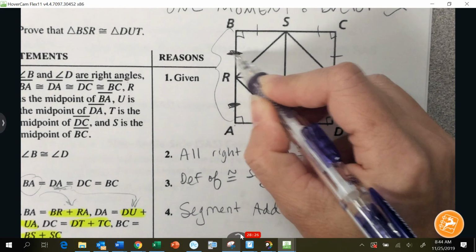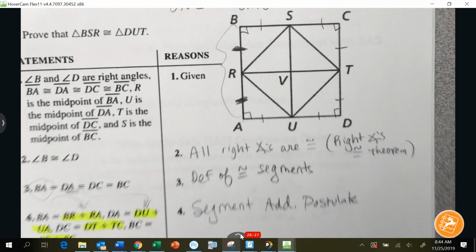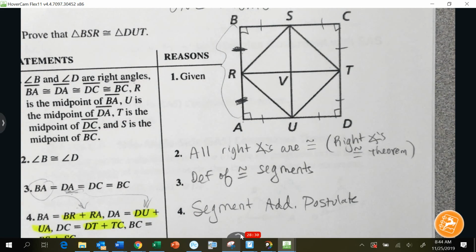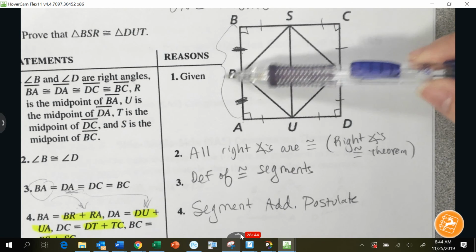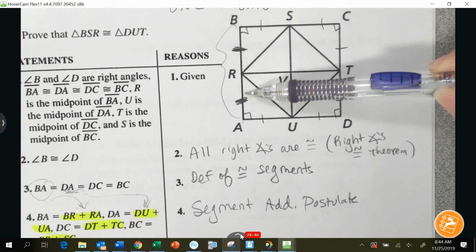What allowed me to mark those congruent in the first place when I read them? What allowed me to mark these congruent, Ryan? It's all squared. Well, that's why the big side is congruent. Why are these 2 pieces also congruent?